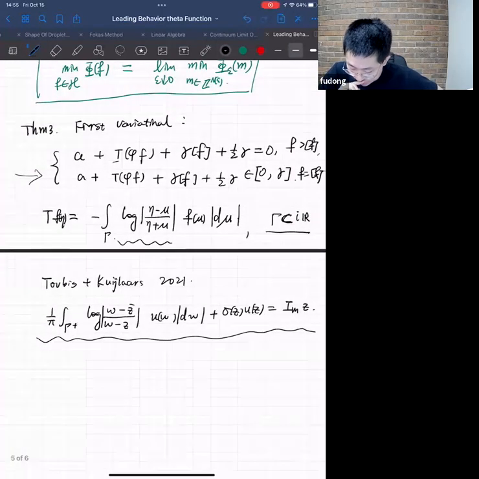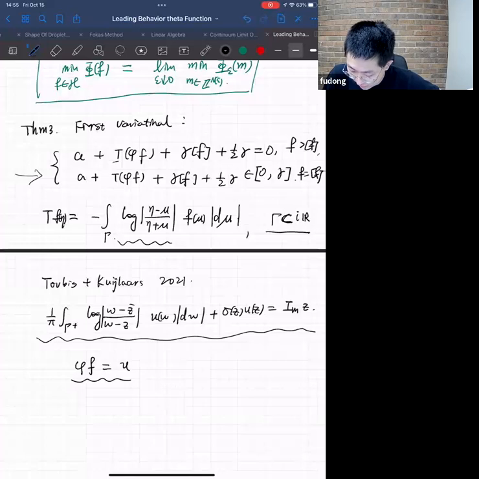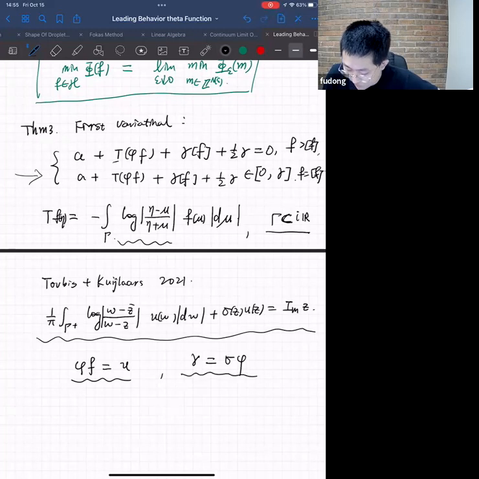There's some transformation between them: phi f simply becomes u, and gamma is sigma phi. By this transformation, you can relate these two equations.